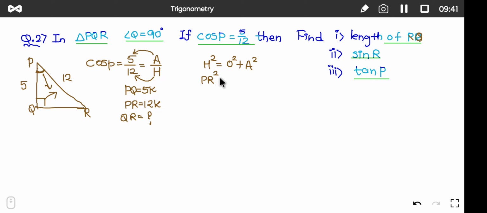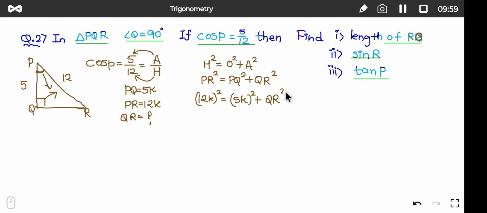So PR square is equal to PQ square plus QR square. So PR is given 12, so 12k the whole square is equal to PQ is 5k, so 5k the whole square, plus QR we have to find out, so QR square as it is. 12k the whole square, which is nothing but 144 and k square, which is k square. 5k the whole square, which is 25k square, plus QR square as it is.